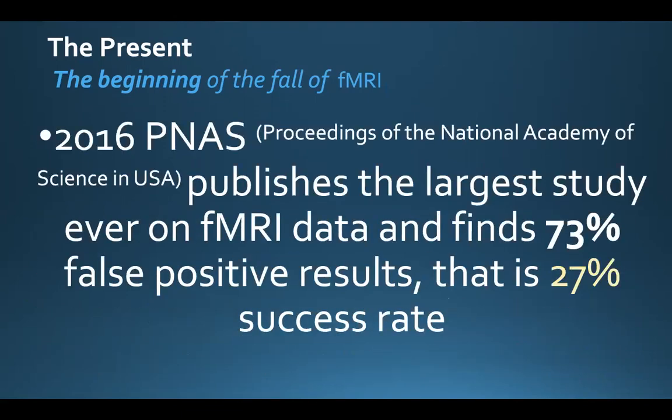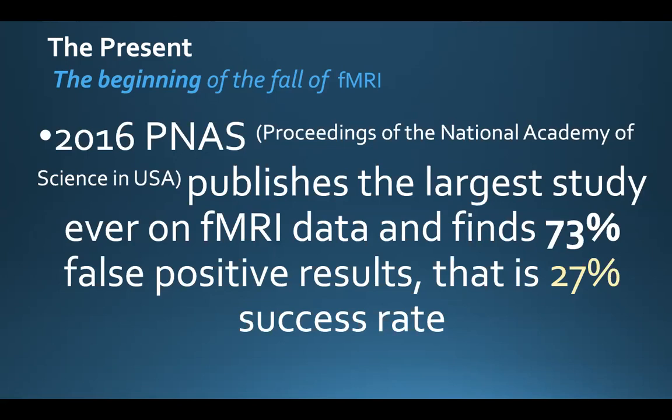2016 was a bad year for functional MRI because the National Academy of Science in the USA, which is a very well respected organization set up by the federal government of the USA, did the largest study ever of functional MRI data and published it and found what? 73% false positive results.